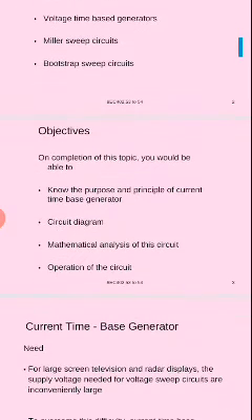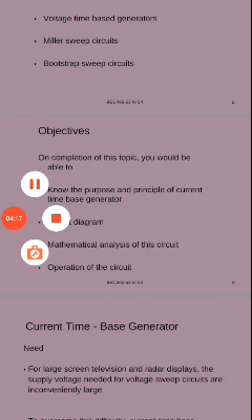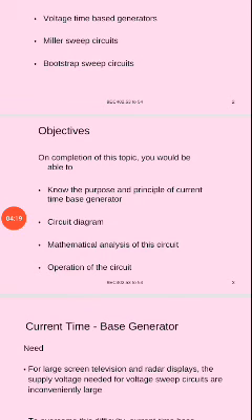All these things we are going to discuss in today's class. Current time base generator.